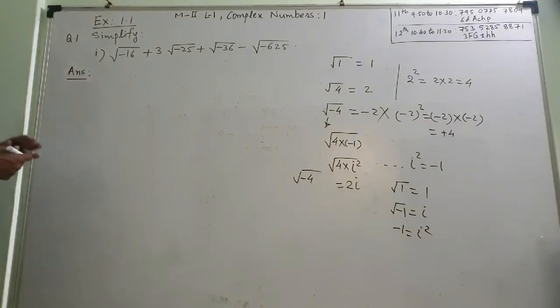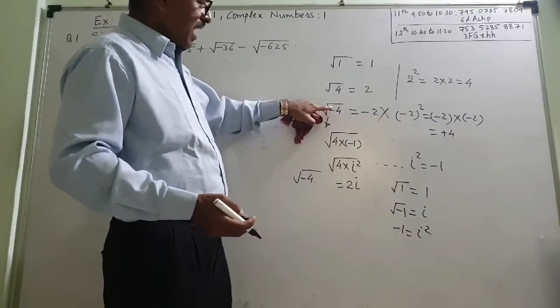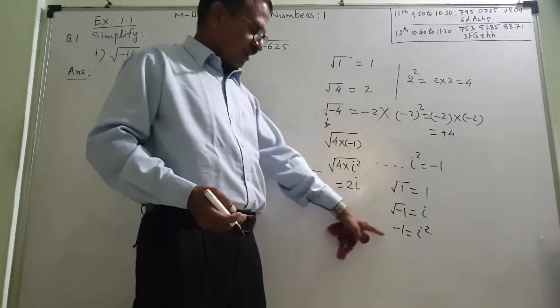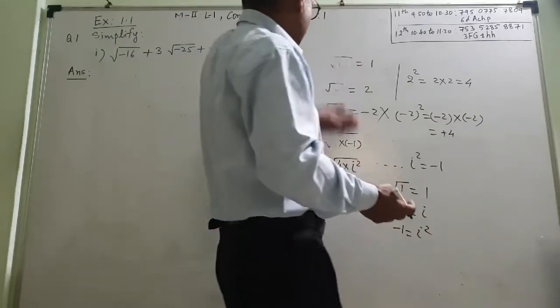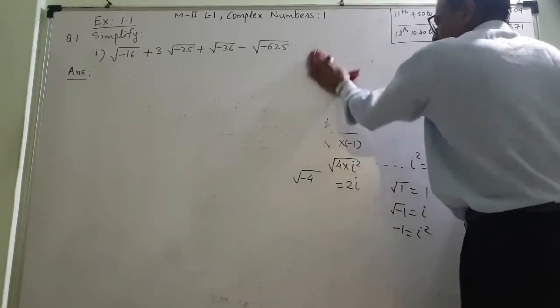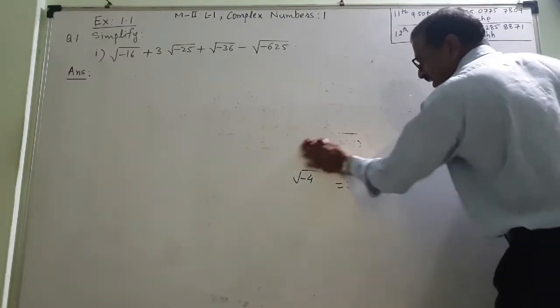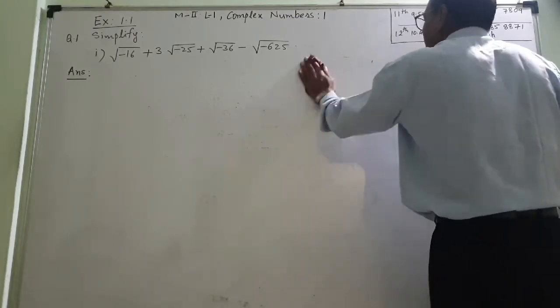So from here onwards, while solving, whenever there is minus 1 in the root, in place of minus 1 I will write i square. So we will make this part easy. We will solve one or two sums on this and then you will find that this is an easy topic.